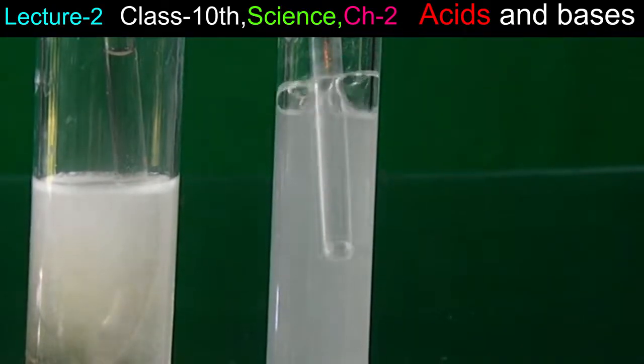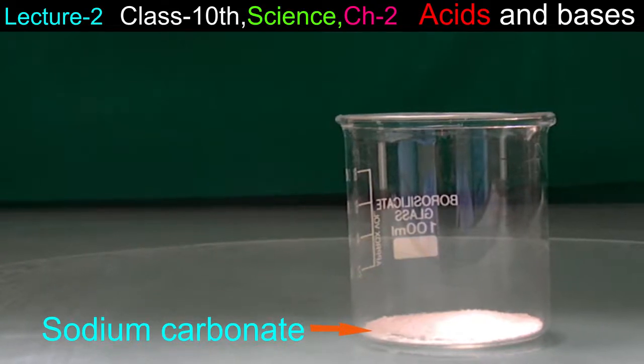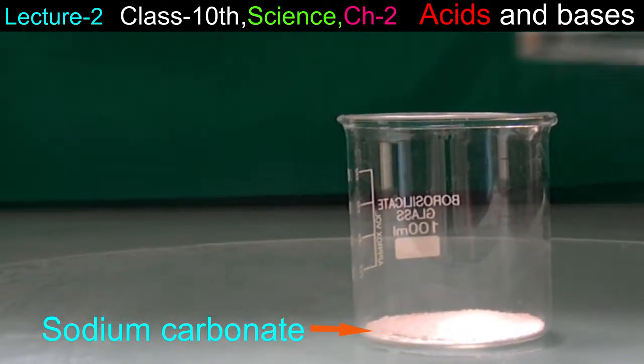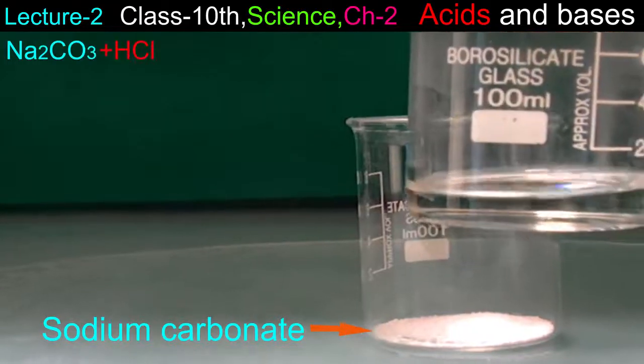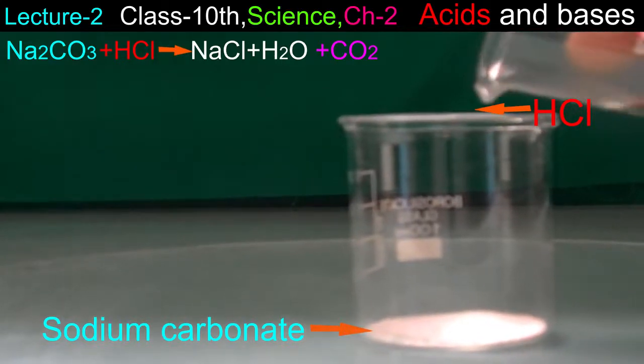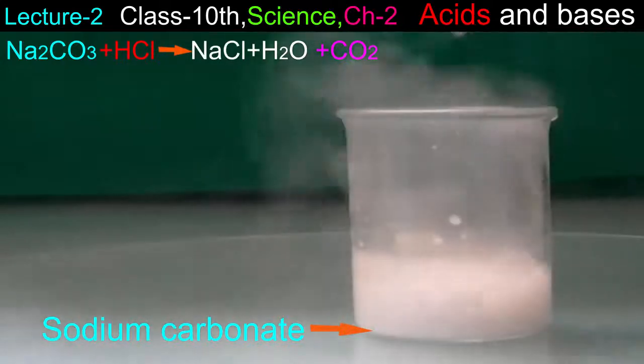Concentrated acid is put on solid sodium carbonate and solid sodium hydrogen carbonate. In this beaker, you can see how vigorously the reaction takes place.